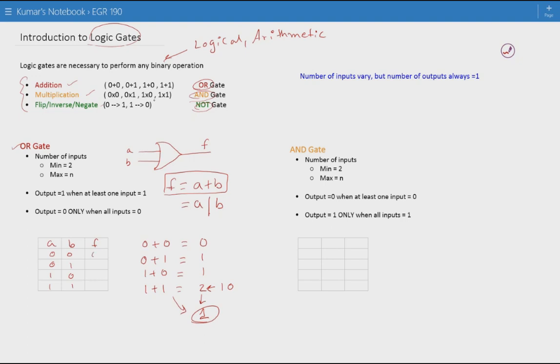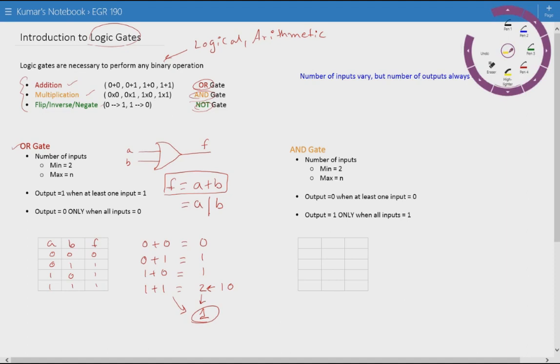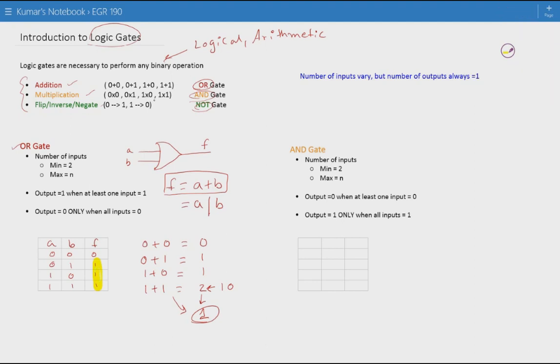So it's going to be 0, 1, 1, 1. If you notice, what we are saying is our output is equal to 1 whenever there is a 1 in any one of the inputs. Whenever there is a 1 in any one of the inputs, output is going to be equal to 1. That is an OR gate.